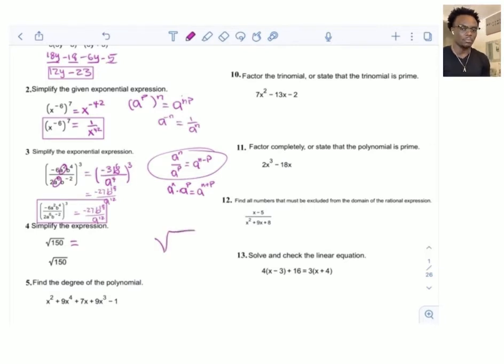When the index is 2, it's empty, but whenever the index becomes greater than 2, you will see the index right here. So that's the nth root of something that we call a, for example. The index indicates how many times something is multiplied to get a, or what power of something will give you a.